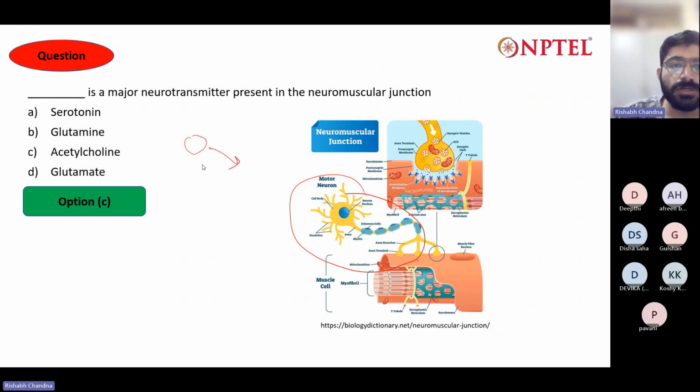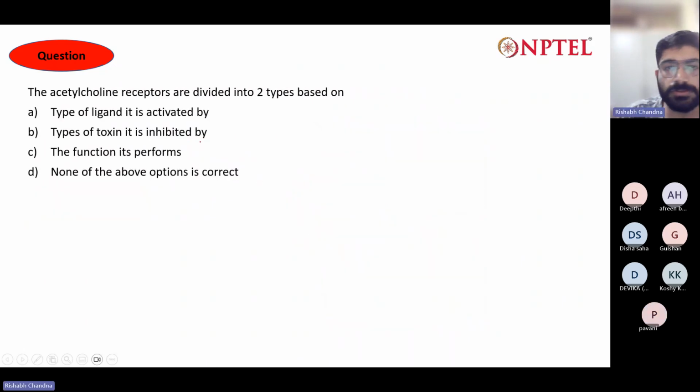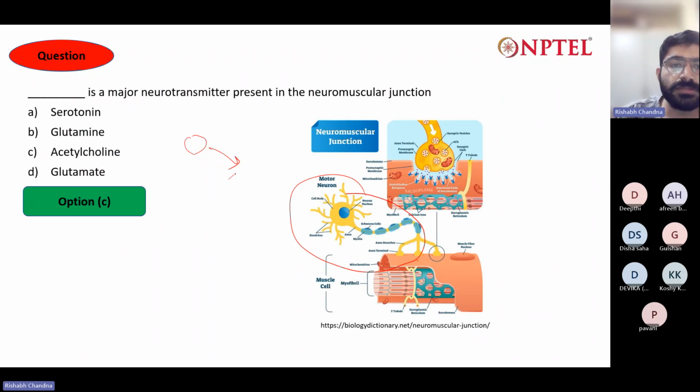So the brain will send the signal to the muscle, and what will happen? This muscle will have connections with the neuron. Okay, so this neuron will send a signal to the muscle, passing through the neuromuscular junction.